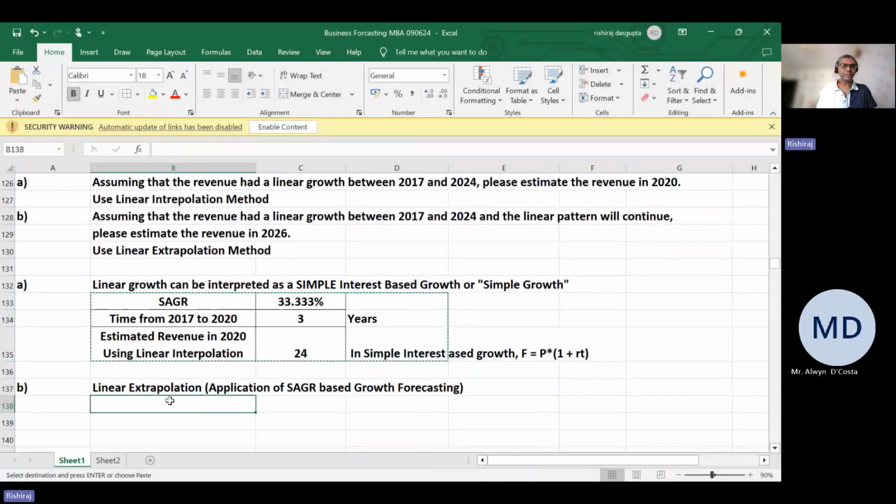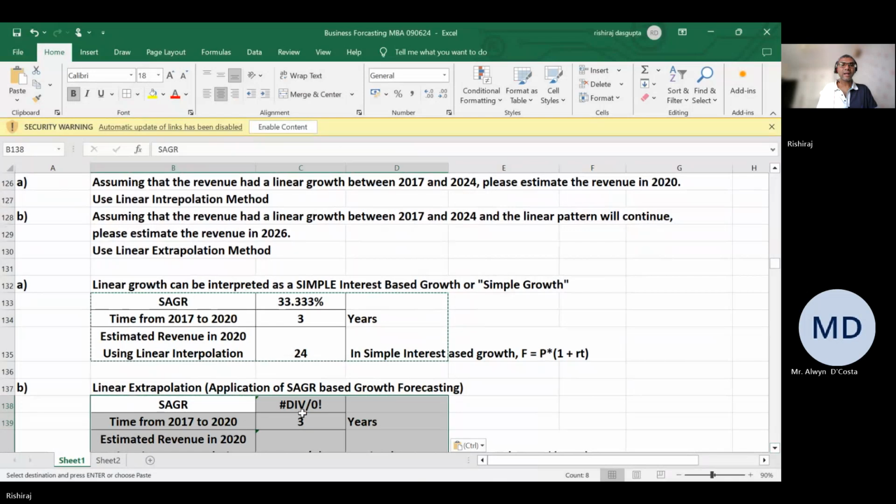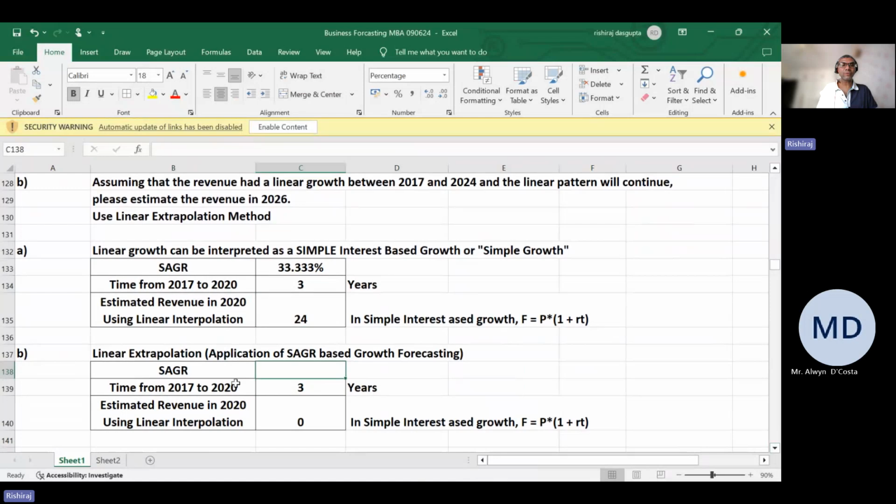Interpolation means within 2017 to 2024. This time, from 2017 to 2026, I want the revenue in 2026, so that is 9 years, and we can apply the simple growth. So I will just copy the SAGR as 33.33%.